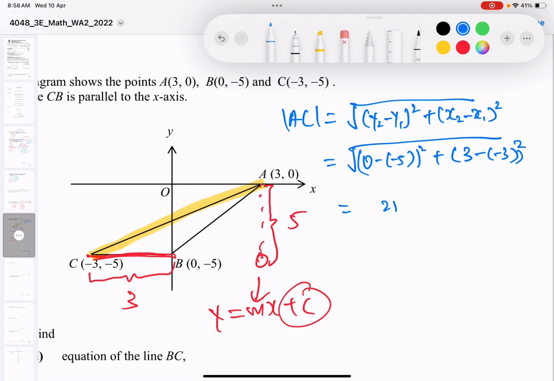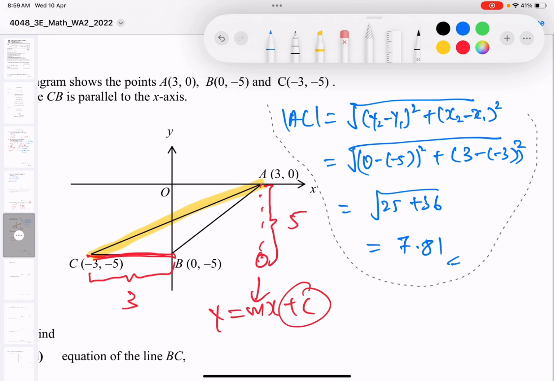So I'm going to get 25, and here 3 minus minus gives me 3 plus 3, which is 6. 6 squared gives me 36. So 25 plus 36 gives me 61. So I'm going to get 7.81, this is to 3 significant figures.